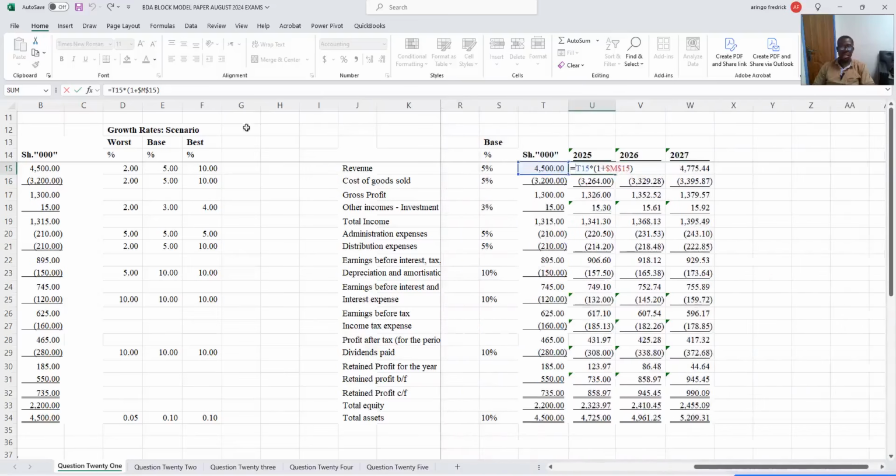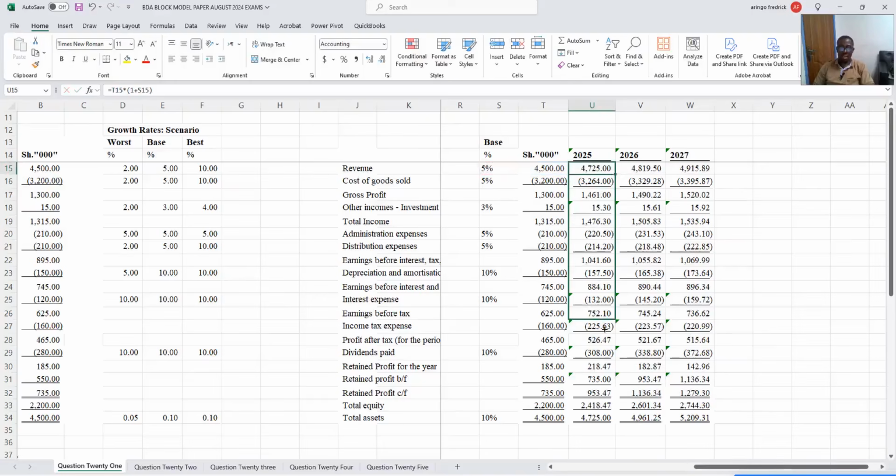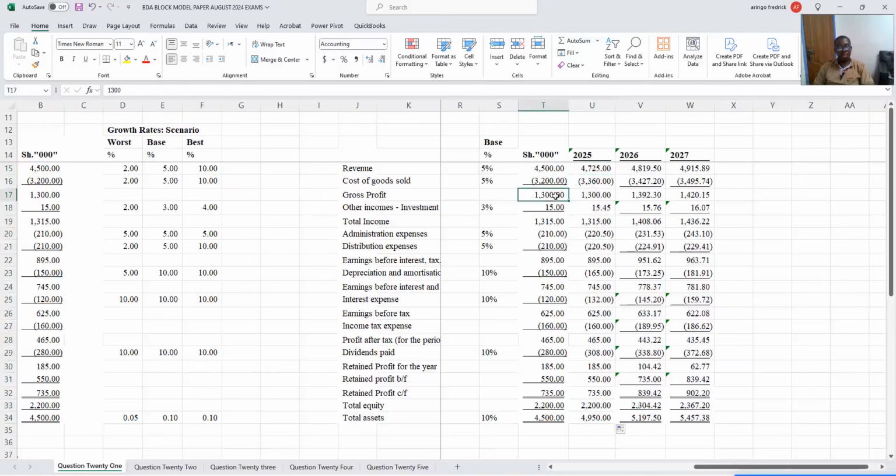It will be as simple as I delete that one. I pick with the base percentages. So after that, all I'll do first of all is to effect all that. That is the first case, or how you can work it out fast.